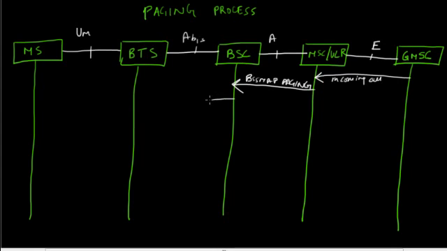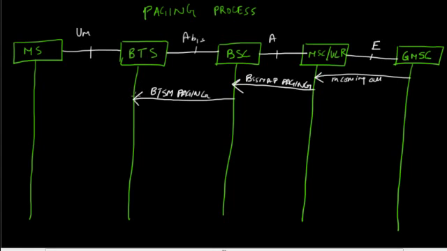Now the BSC sends a base transceiver station management message, a paging command. Just to review, this BSSMAP paging message contains the IMSI or TMSI of the mobile and the cell identifier list. This BTSM message the BSC sends to the BTS contains the channel number on the Um interface and also the IMSI or TMSI of the mobile.